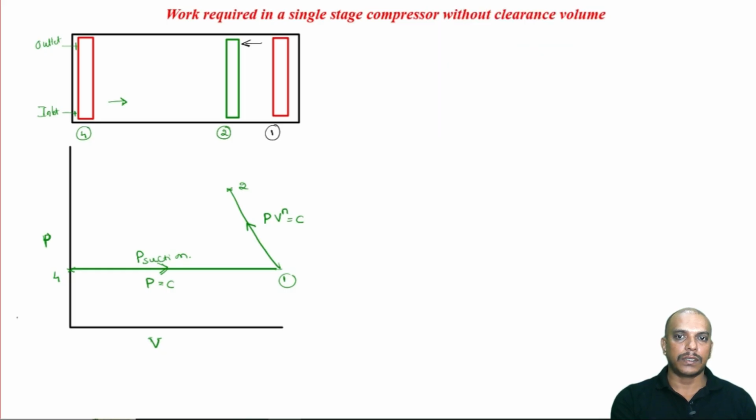Let us assume that it is delivered at constant pressure. 2 to 3 is at delivery pressure, again a constant pressure process. 3 to 4 is just drawn to complete the cycle, but in reality the working fluid has gone out of the control volume. Now, process 1 to 2 is polytropic compression.